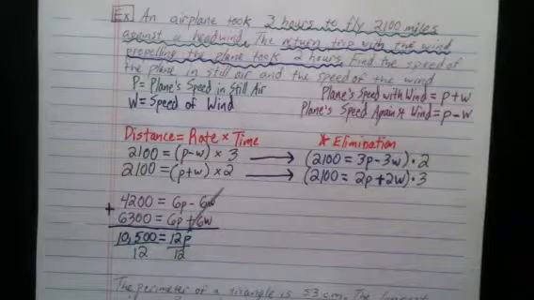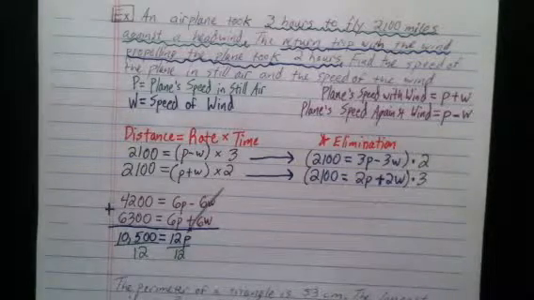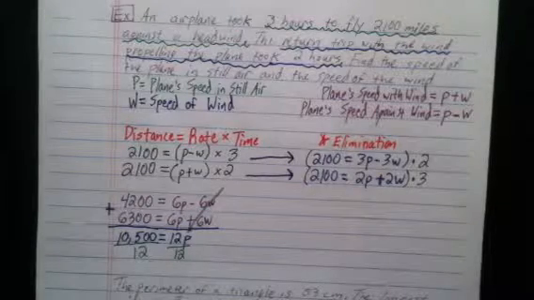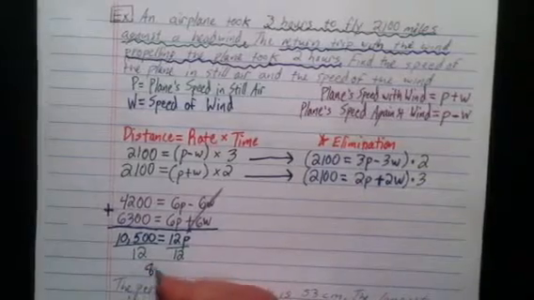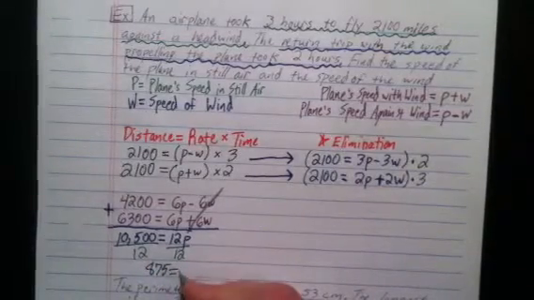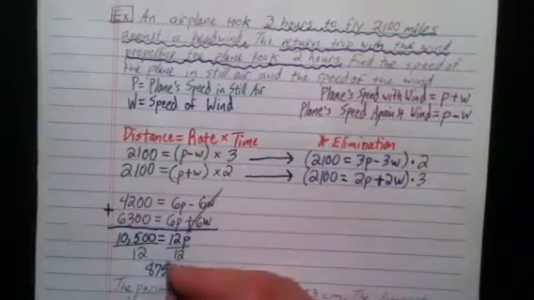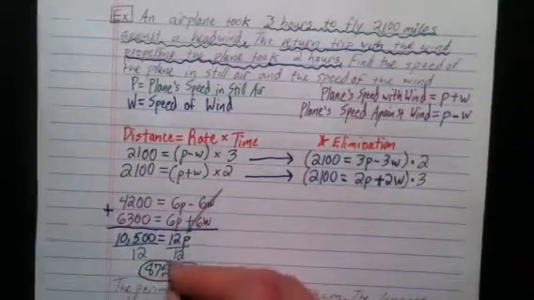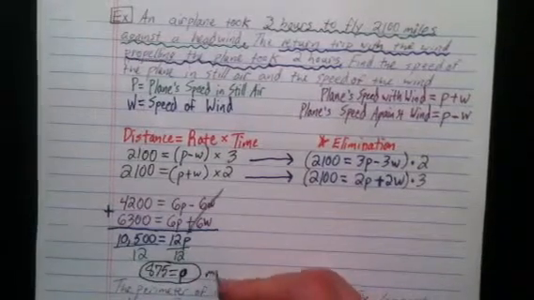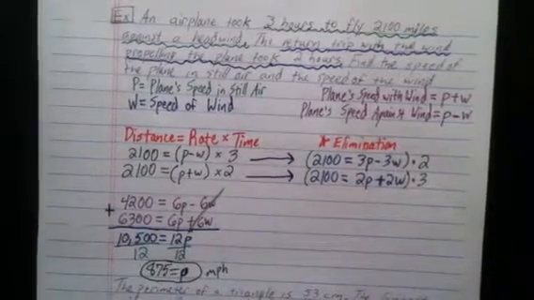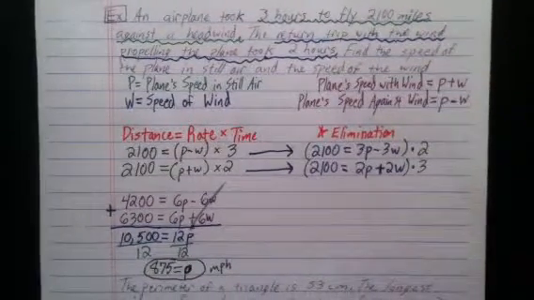And we get the speed of the plane is 875 miles per hour. Equals p. Okay. And keep in mind that is in miles per hour.